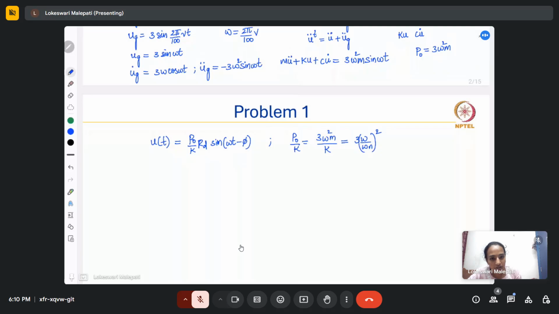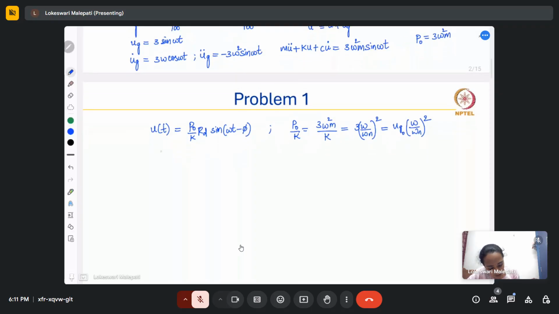And this 3 we can call ug naught, which is the amplitude of the displacement of the support of the automobile. So ug naught times omega by omega n the whole square is the P naught by k term. This is just the relative displacement that we have obtained for now.